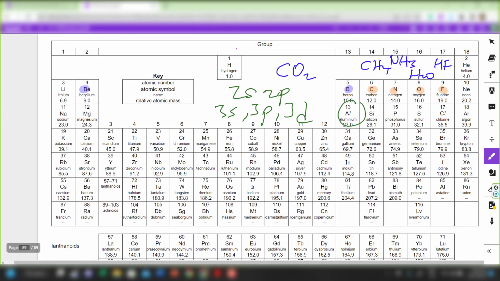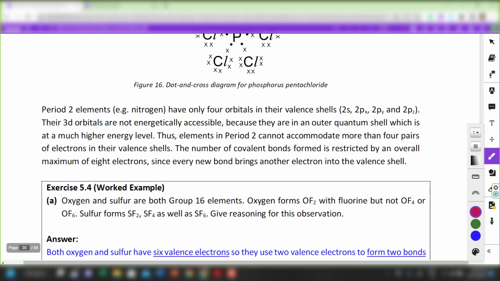The next available one after neon is actually 3s, but 3s in terms of energy is too high up. So even if octet expansion is so-called possible, that bond will be very unstable. Therefore usually for period 2 elements, it is a strict no-no for octet expansion.